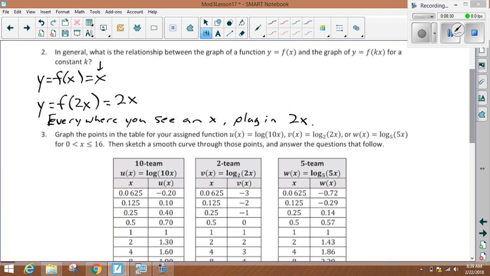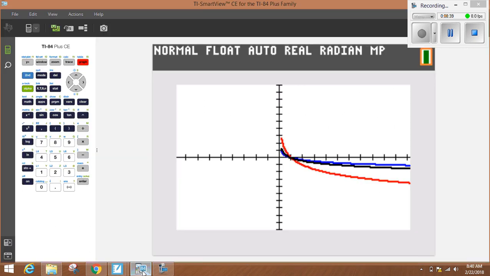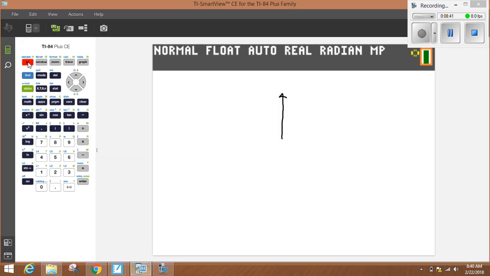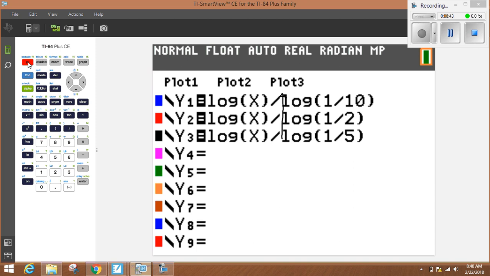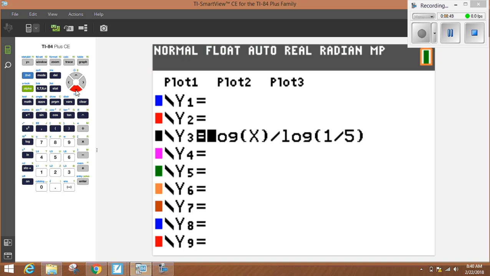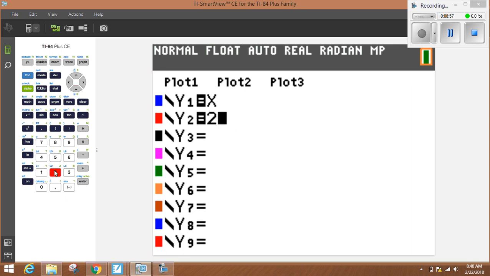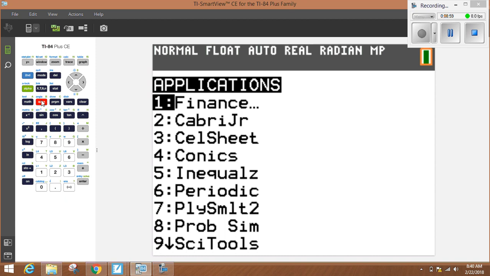What's the difference between y equals x and y equals 2x? Well, let's think about the graph, right? Or actually, let's just go ahead and get our tools out.